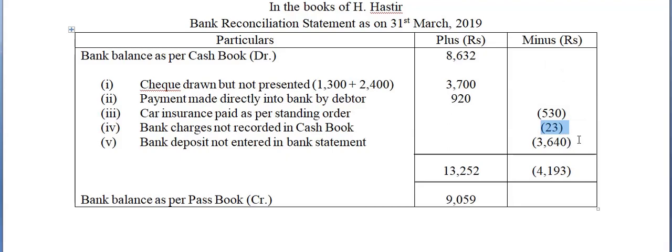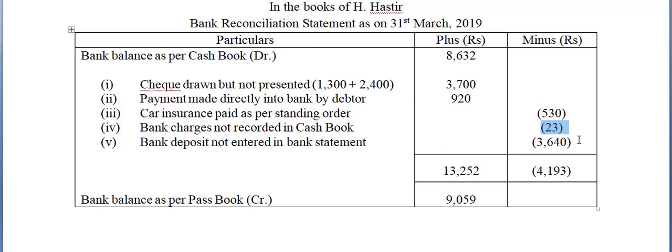Now this last one. A bank deposit of 3640 made in the afternoon of 31st March had not been included in the bank statement. So on 31st March afternoon, you deposited rupees 3640. It has not been mentioned whether it is a check deposit or a cash deposit. Whatever be the case, the ultimate effect is that the bank balance should increase.